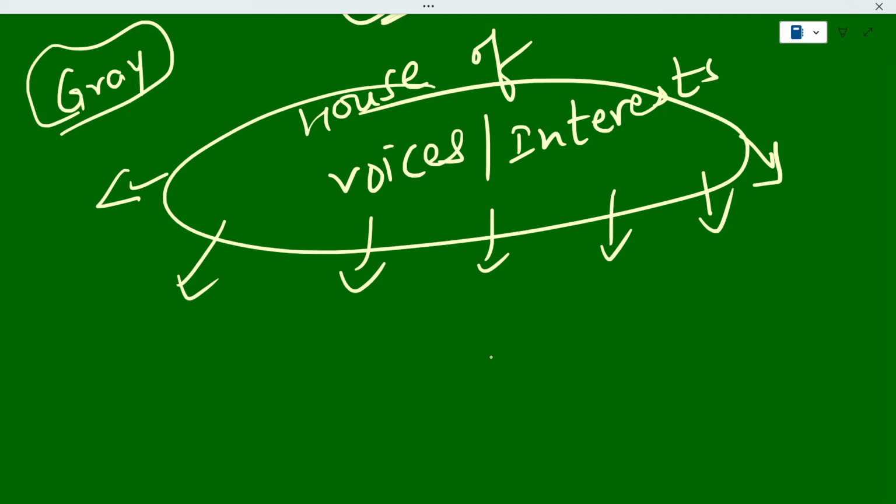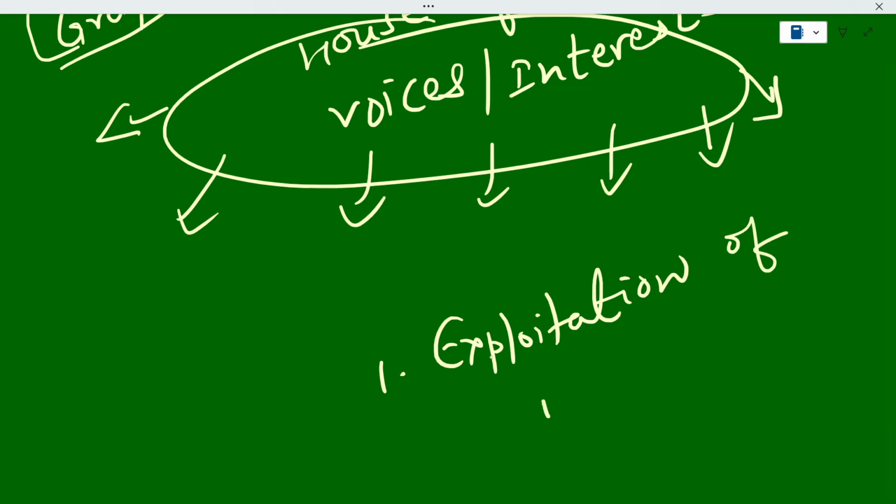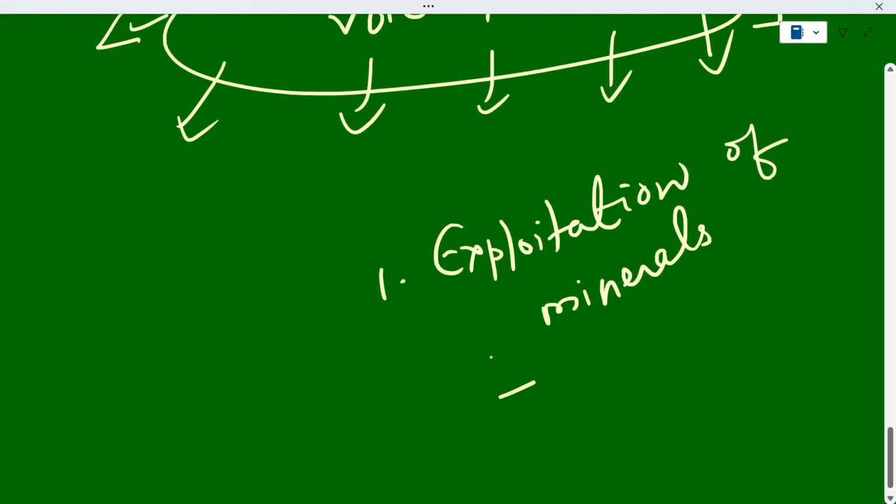So what is the black and white situation, or what are the gray or vivid colors that I am talking about? Let's talk about the exploitation of resources, the exploitation of minerals. We know that in order to financially promote the development of the country, we need exploitation of minerals. And those mineral resources are housed in tribal wealth.